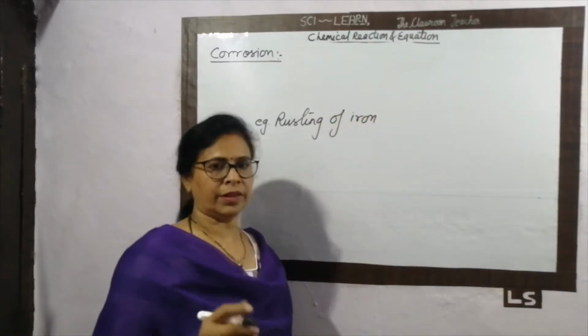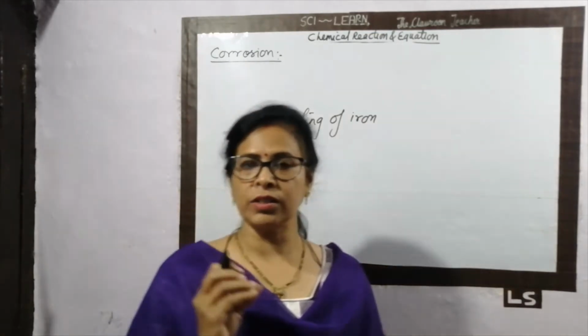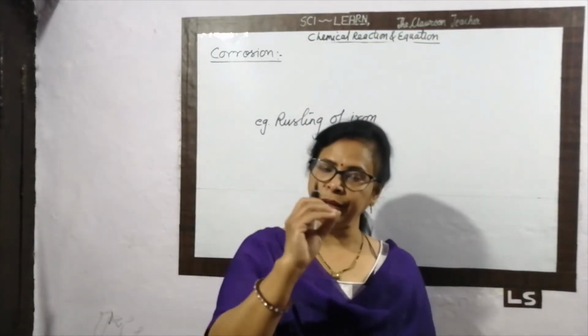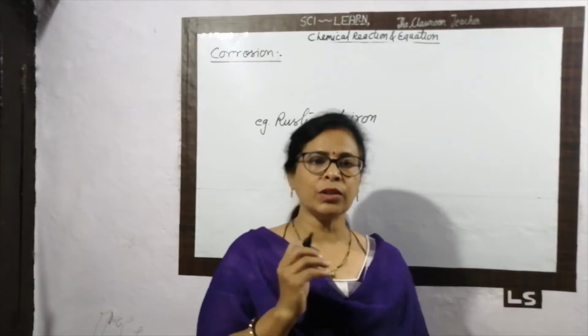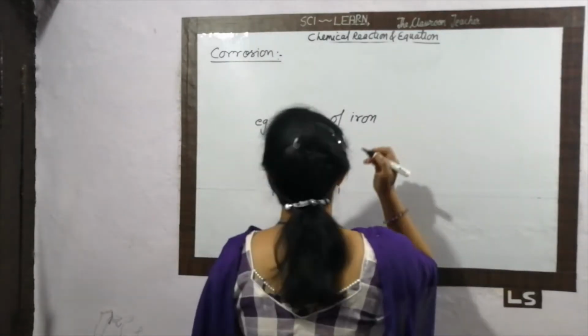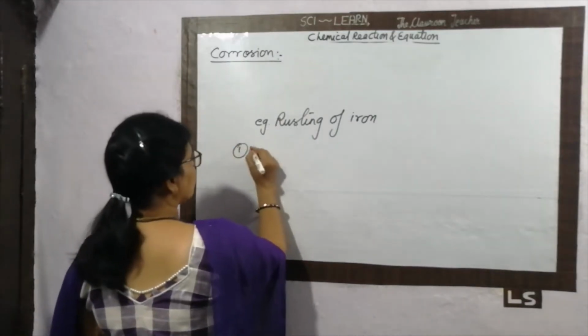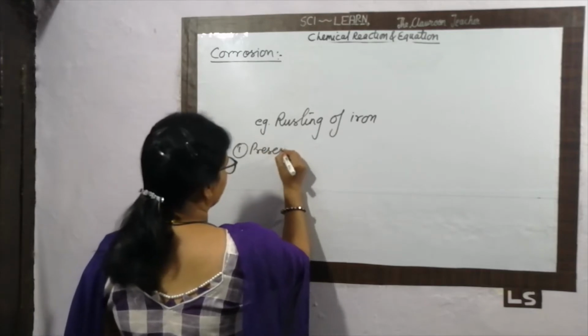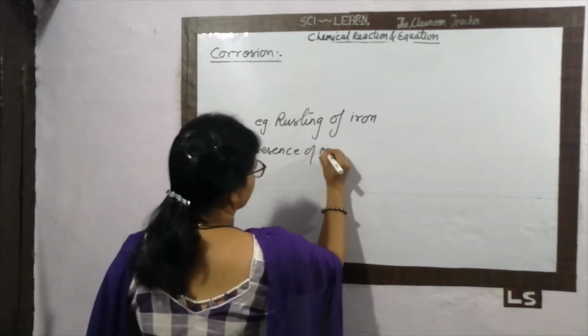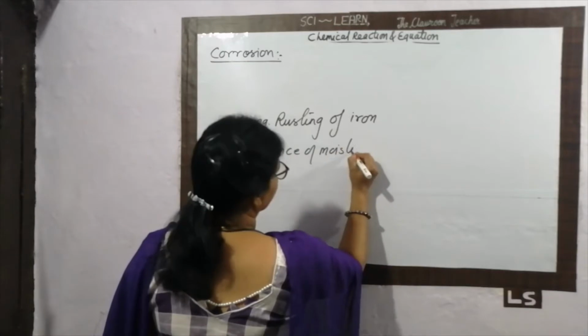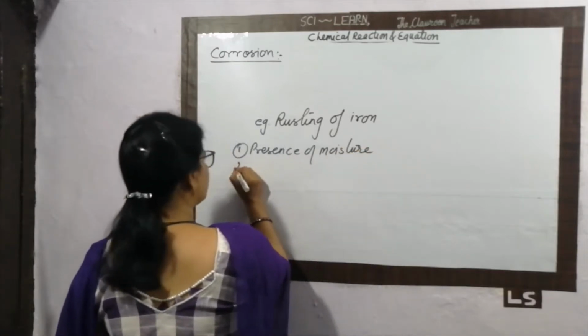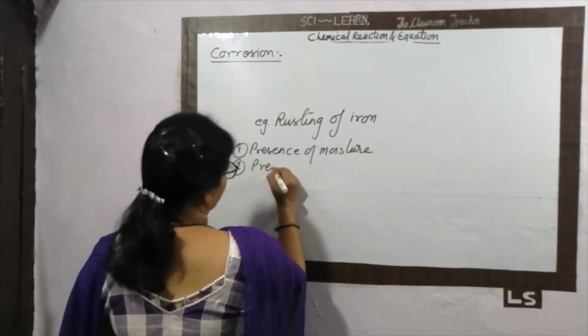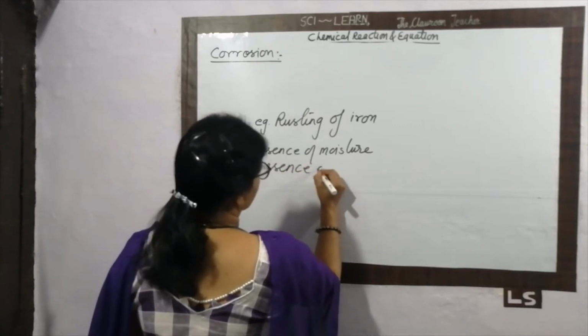You know very well the red coat which is present, the iron oxide. Why does that red coat form on an iron article? Because of two reasons. The two conditions for corrosion are, first, the presence of moisture or water, and second, the presence of oxygen.